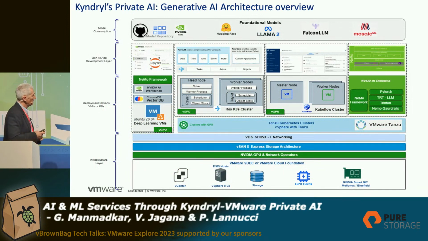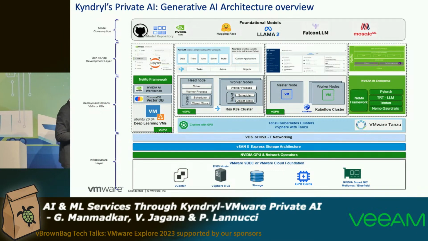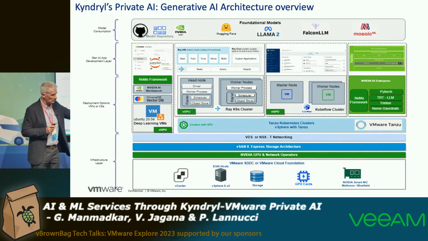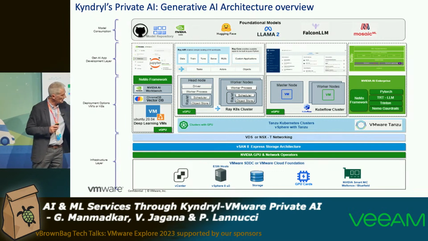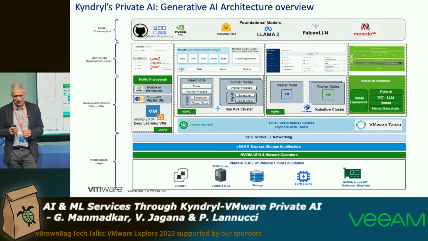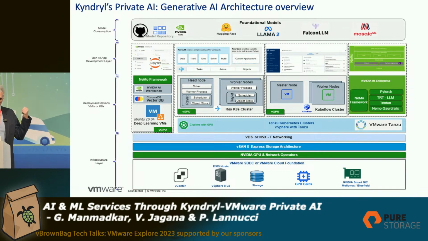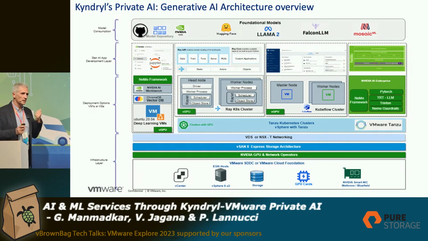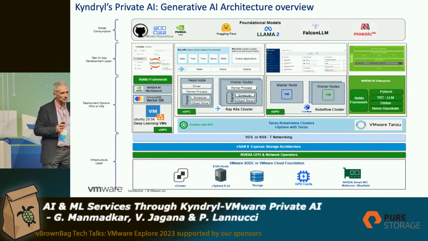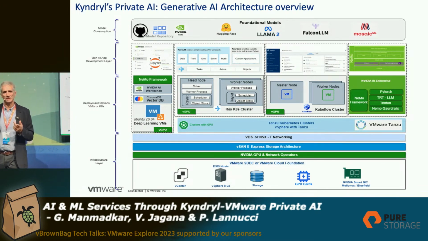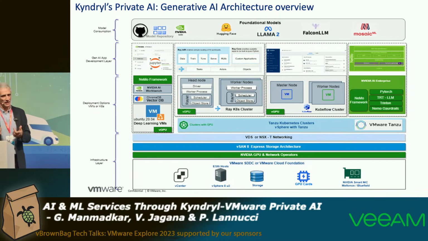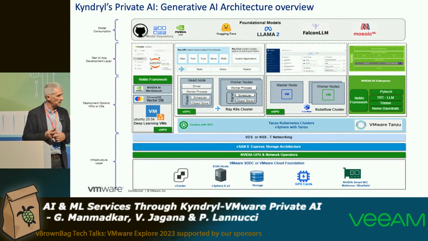Okay, here the base are ESXi hosts, right? And the NVIDIA GPU cards and NVIDIA DPUs. So the first thing that we do is install the NVIDIA drivers on the ESXi hosts to make sure that the ESXi host is able to recognize and work with the GPUs and the network accelerated cards.